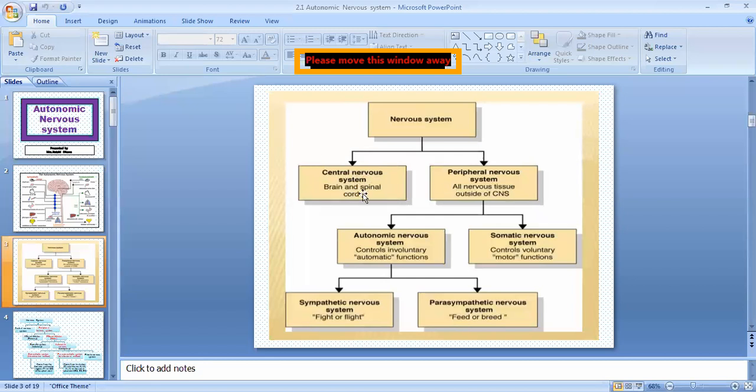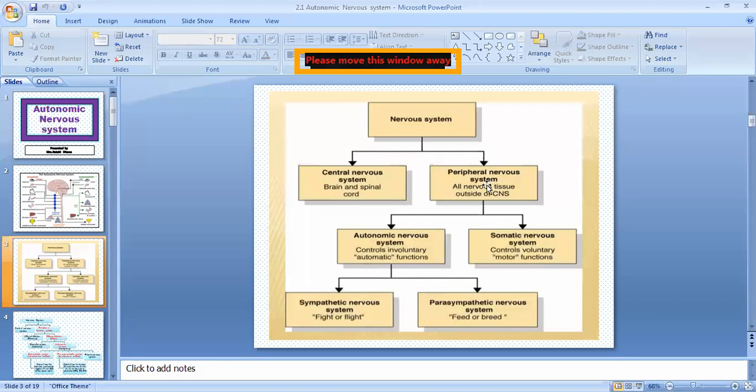Central is whatever responses are given by the brain and spinal cord, whereas the peripheral nervous system excludes the brain and spinal cord; whatever nerves remain in our body all come under the peripheral nervous system.